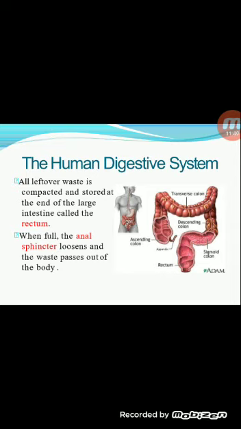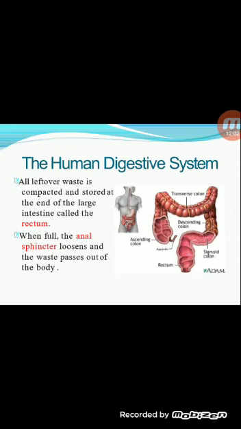There the food is digested with the help of bile juice produced by the liver and pancreatic juice produced by the pancreas. Yes, digestion is taking place. After that, with the help of the duodenum, the food enters the small intestine.